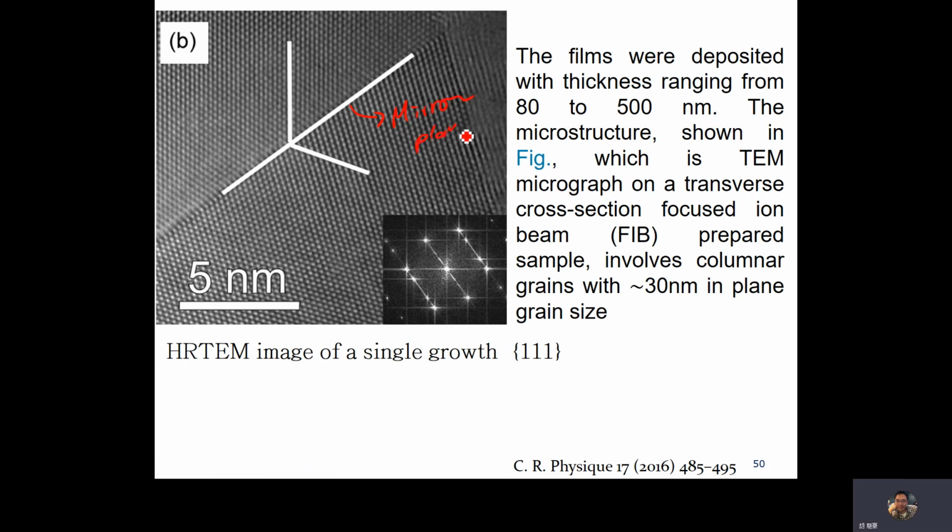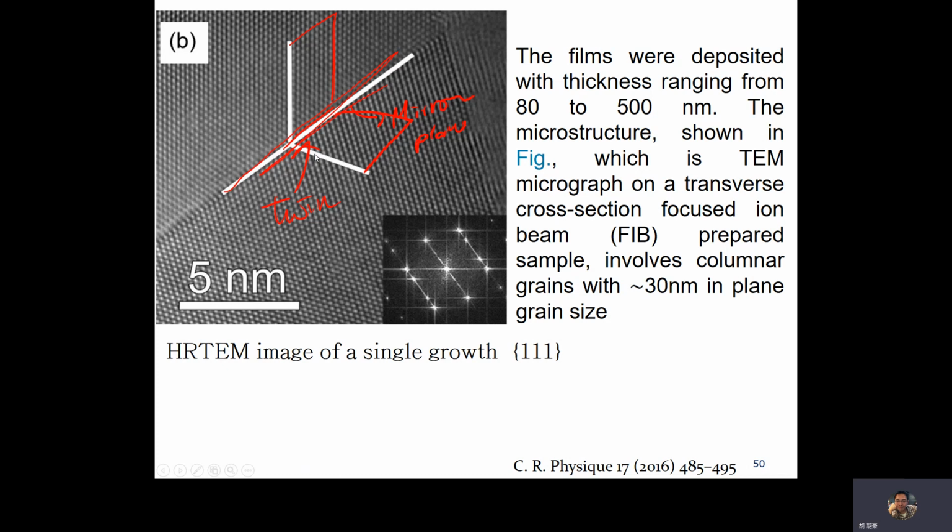It's a mirror plane. That's a twin plane, and we have a symmetric structure along this mirror plane. Therefore we can say this structure is a twin. It's a twin plane here.